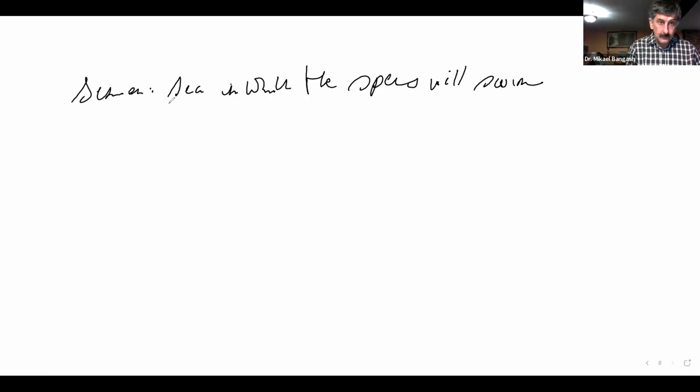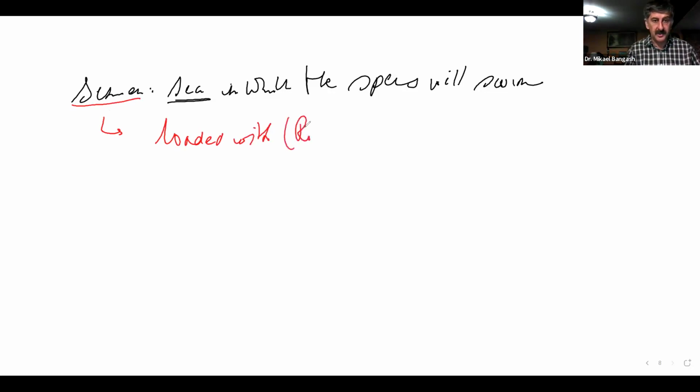But the semen is also going to be loaded with, super rich in, a sugar called sucrose.